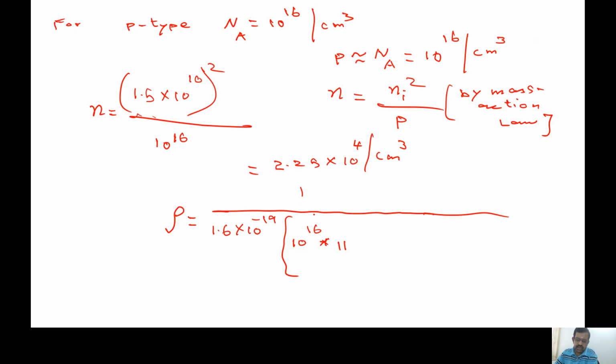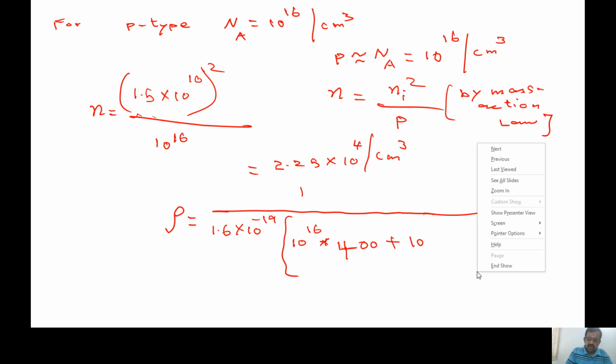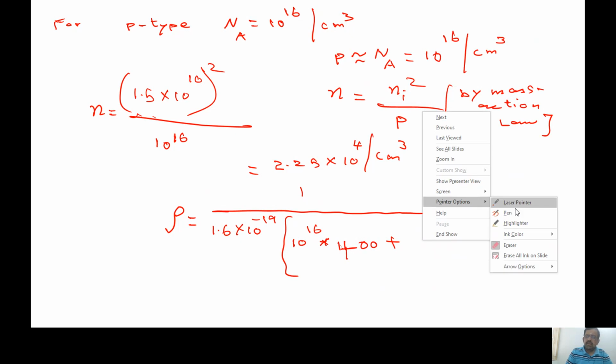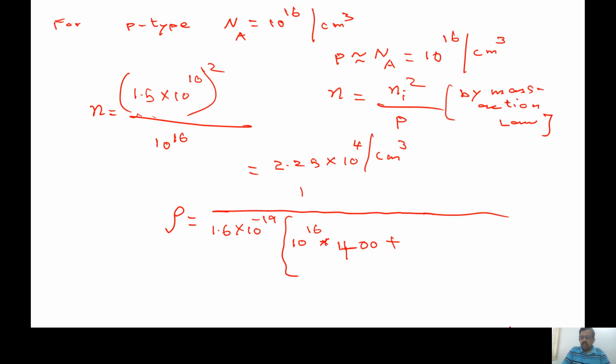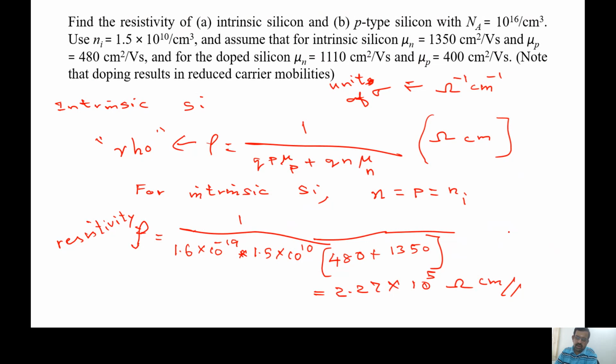Sorry, so it becomes 400. Plus 10 power 4, this is 2.25 into 10 power 4 into 1110.